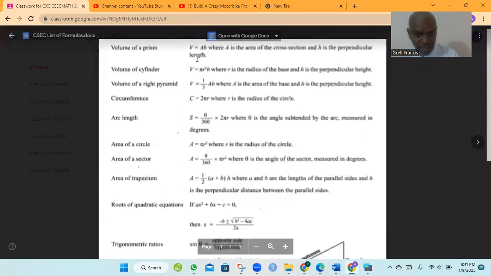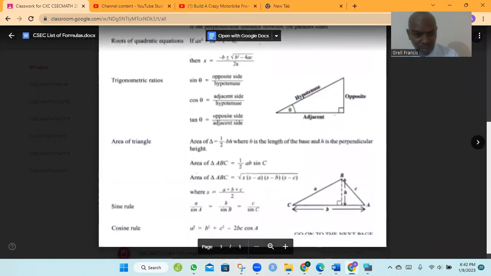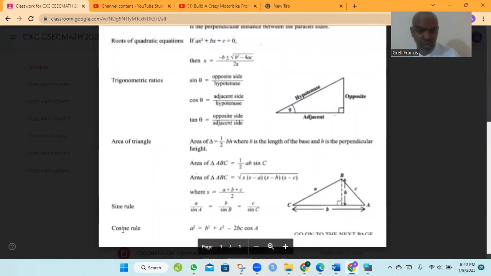Here we have the algebraic formula, that's algebra. And below here are the formulas for trigonometry: sine, cosine, tangent, area of triangle, sine rule, and cosine rule. Trigonometry, tri means 3, gonometry, a shape with 3 sides and 3 angles called a triangle.